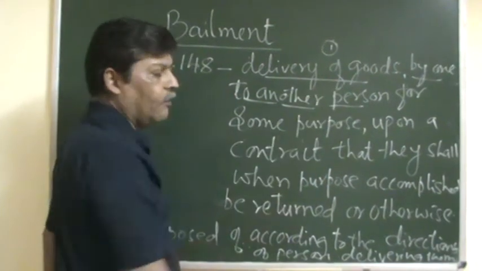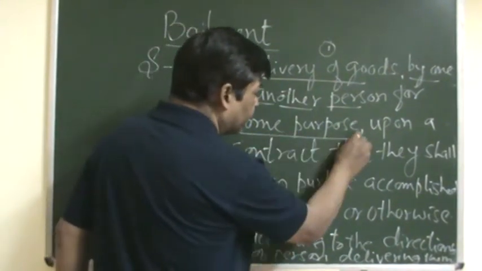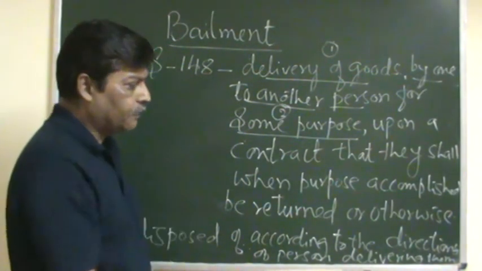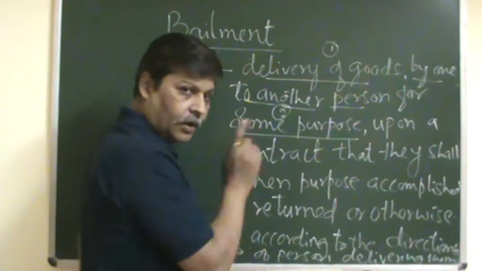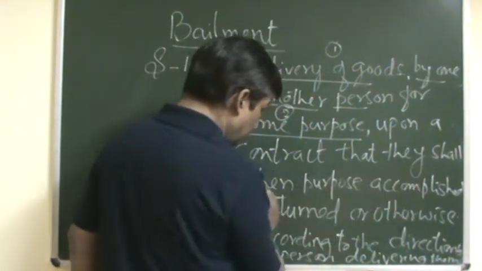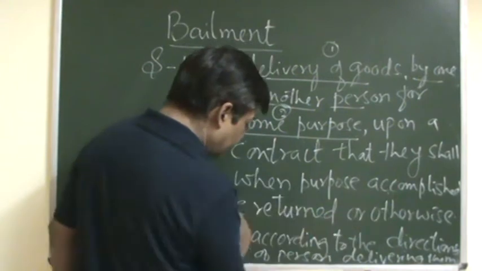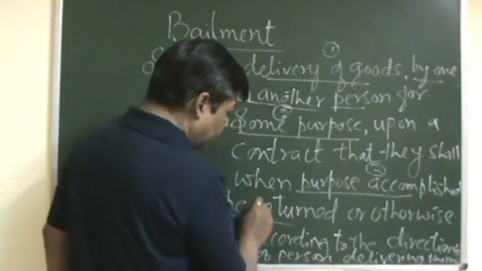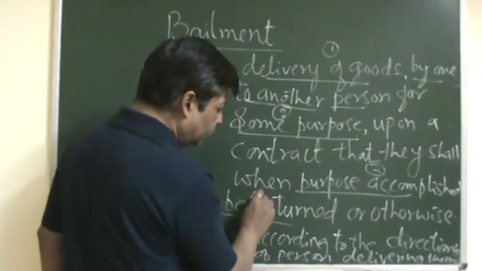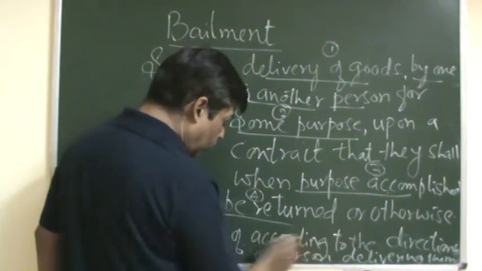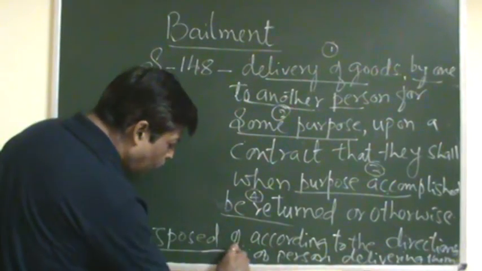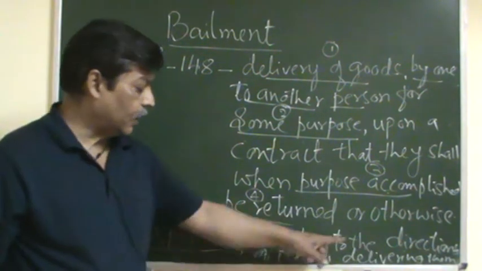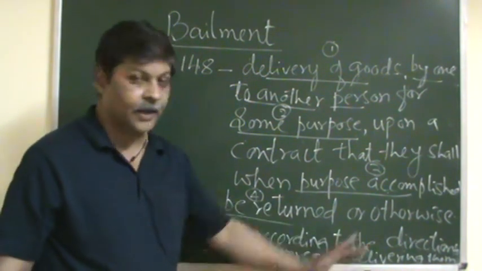Then, delivery of goods for some purpose. This is the second aspect you have to know. For some purpose, upon a contract or a condition that they shall, when the purpose is accomplished, be returned or otherwise disposed of according to the directions of the person delivering them.